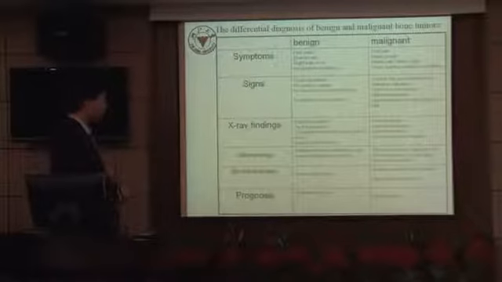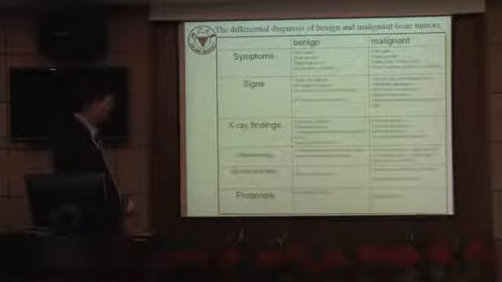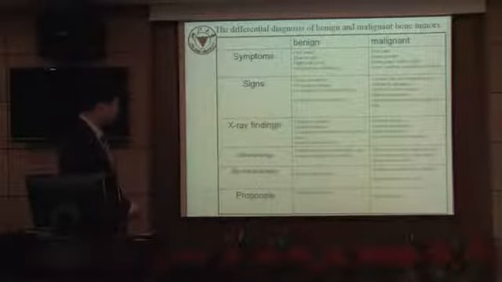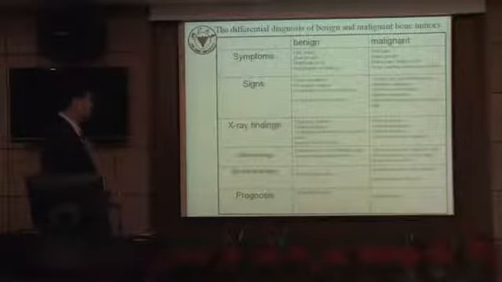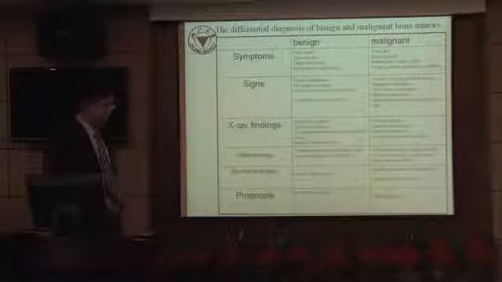In benign tumors the cortical bone can be intact with no periosteal reaction, while the malignant one always has periosteal reactions. Also, we have a lot of differences in the cell morphology, the biochemical tests, and the prognosis.